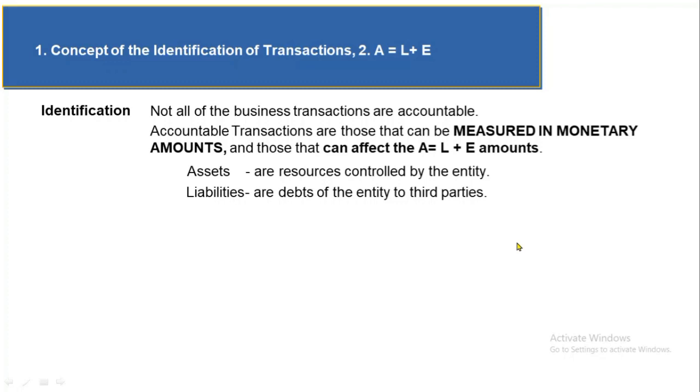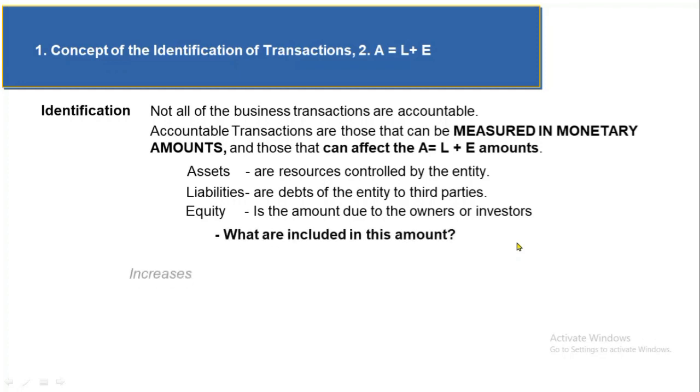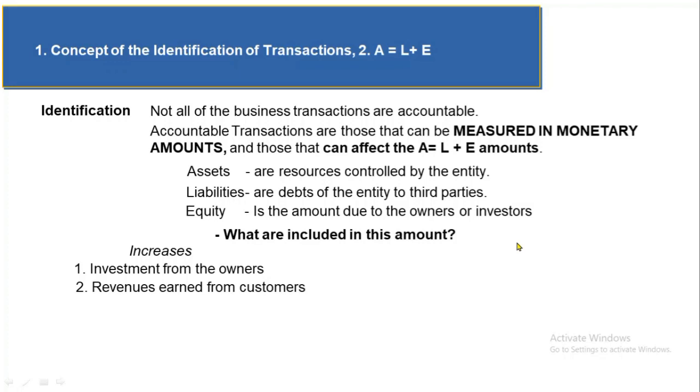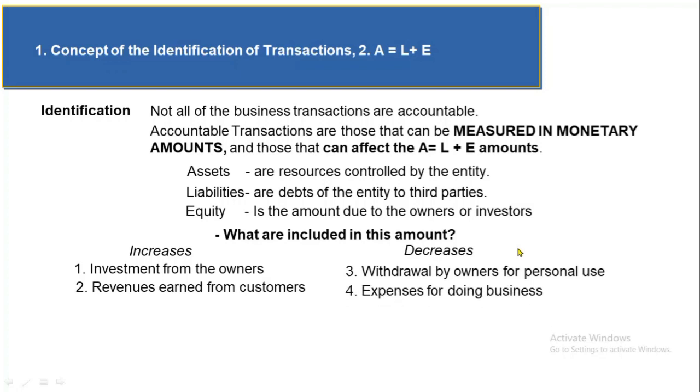And if liabilities are owed to third parties, the equity is the amount owed by the entity to its owners. The equity is composed of, let's start with the increases. It will increase if there are investments from owners. It will also increase if there are revenues earned from customers. How about decreases? It will decrease if there are withdrawals by the owners for personal use and expenses for doing business.